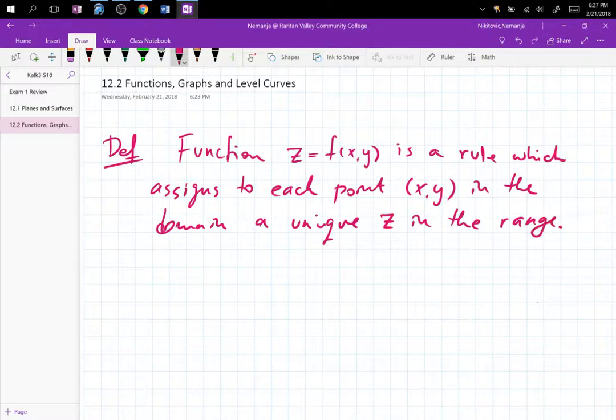If you took pre-calc with me, if you took Calculus 1 with me, you know this definition. And now we replace the input domain x with the input point x y, and that's the point on the floor which will give you a z value somewhere. Now what I need you to see immediately is this rag.